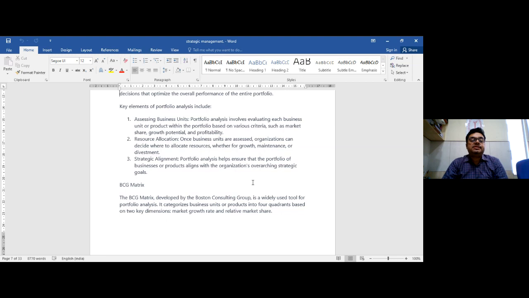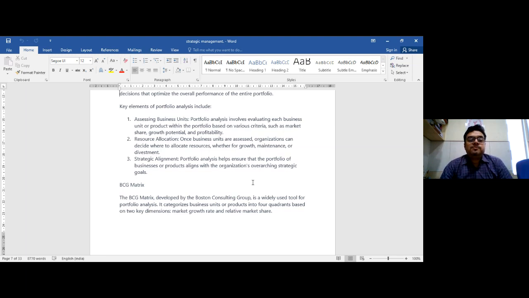It also consists of strategic alignment with the portfolio, which helps in ensuring that the portfolio of business or products align with the organization's overarching strategic goals.